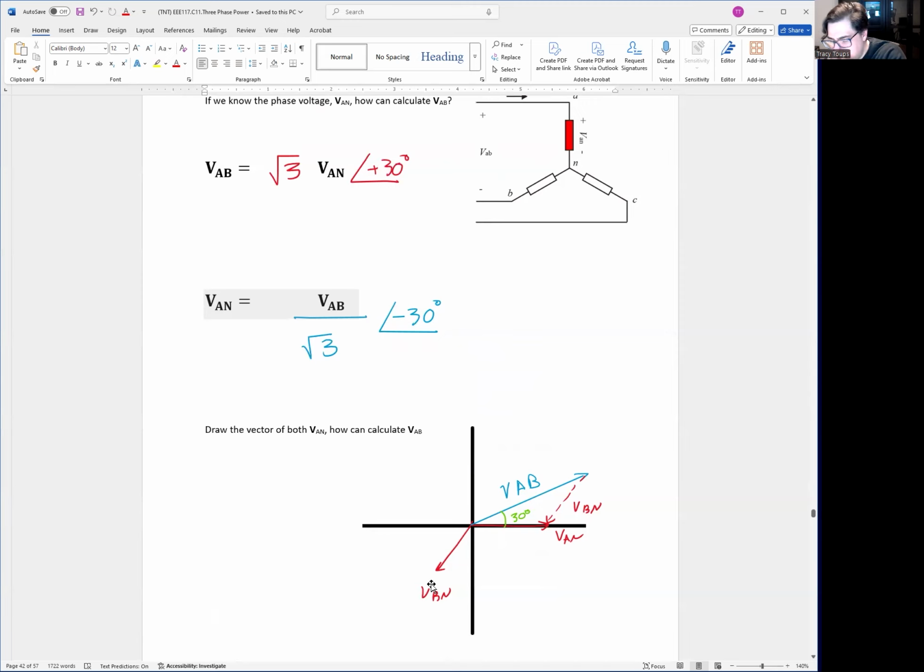So you take VBN, slide it over, make sure the arrows touch, and then you can draw VAB, which is right here. This is guaranteed to be a 30-degree phase shift, because technically this is a 1, 1, square root 3 isosceles triangle: this is 30 degrees down here, this is another 30 degrees, and the phase shift between VAN and VBN is 120 degrees. We already knew that.